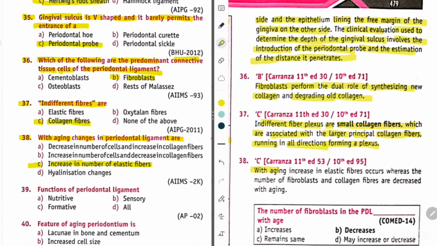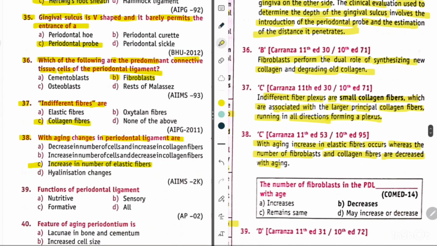With aging, increase in elastic fibers occurs, whereas the number of fibroblasts and collagen fibers are decreased with aging. Another question is also asked, whether the number of fibroblasts in the PDL decreases or increases with age. So the answer is it decreases with age.